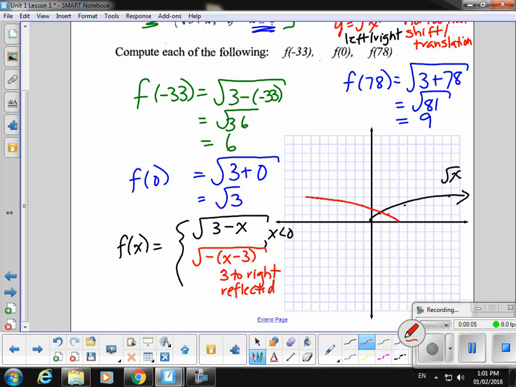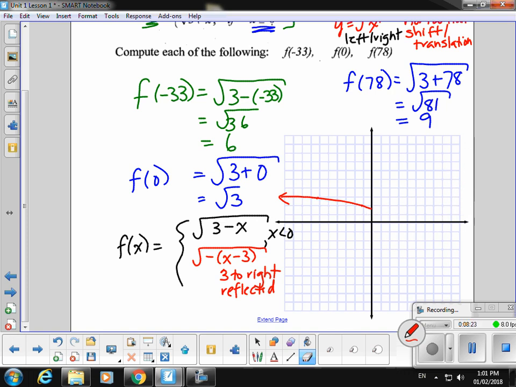Not too bad for an old lady. Okay, so those are my reflections, but that only applies for x less than 0. So I'm going to erase the part that's greater than or equal to 0. There we go.